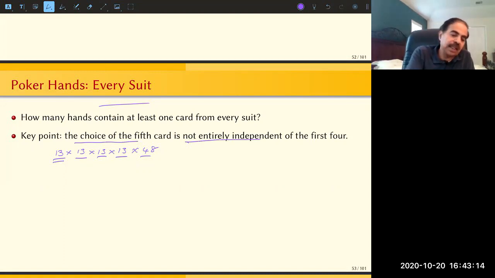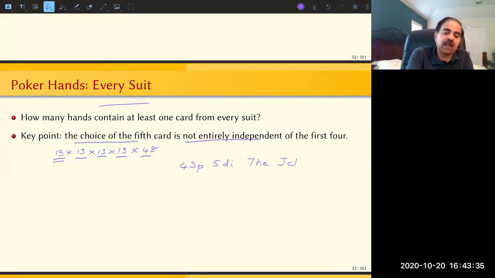Okay, so let's take an example, right? So let's say 4 of spades, 5 of diamonds, 7 of hearts, and jack of clubs, right?